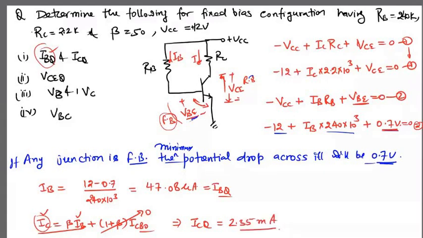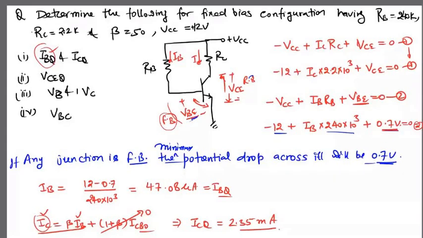Yes. And then we'll go for the calculation of VC. Now here you see we know IC, IB, everything. Now we can go for equation number one. If we know this IC, then definitely we'll calculate VCE. That is the second point. Fine.